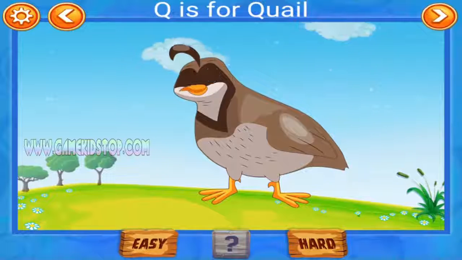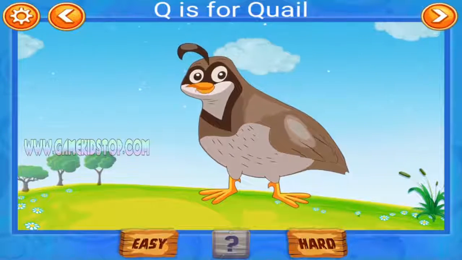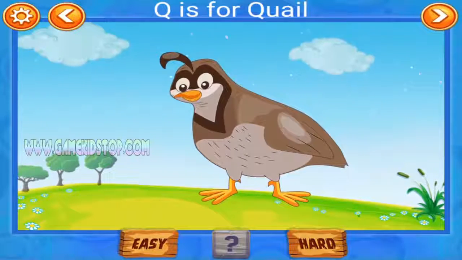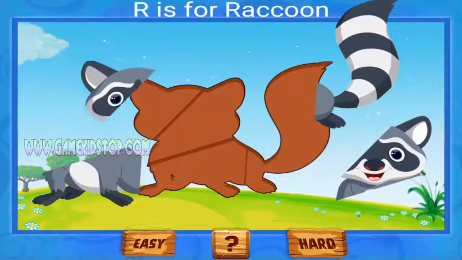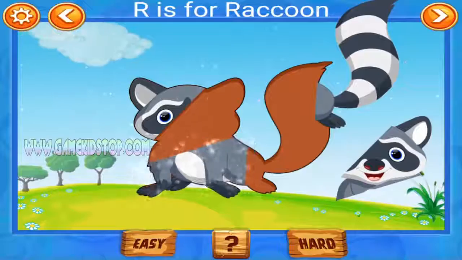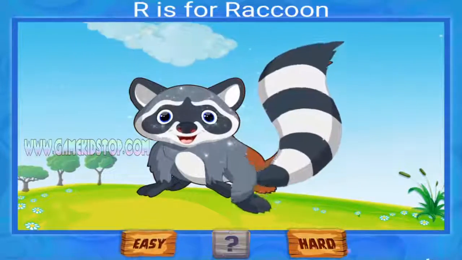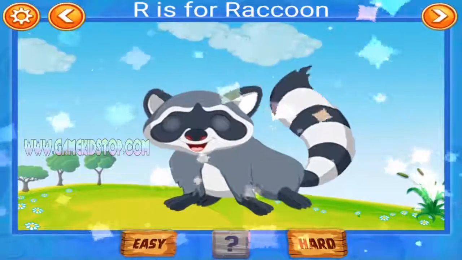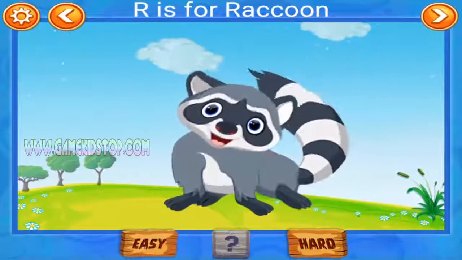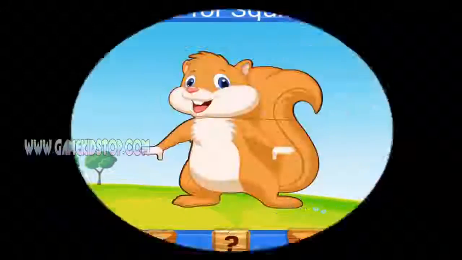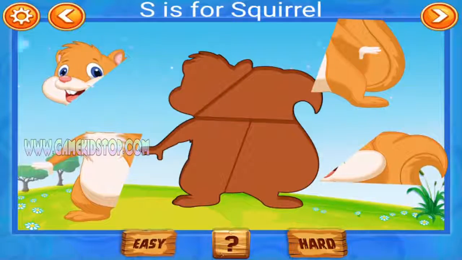It's time to solve a puzzle. Q is for quail. Quail. It's time to solve a puzzle. R is for raccoon. Raccoon. It's time to solve a puzzle.